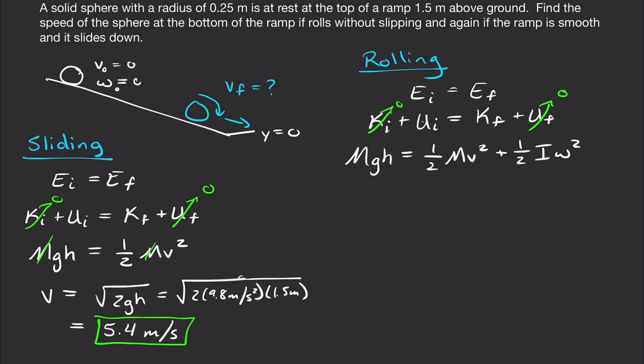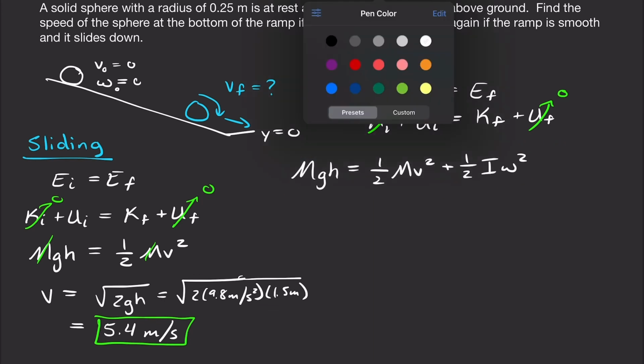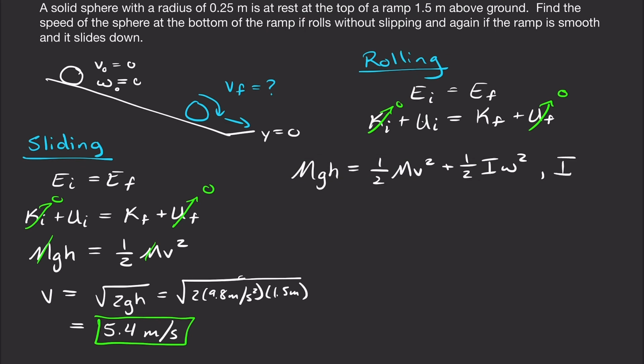So we first need to identify our moment of inertia. I'm going to write this over here. Our moment of inertia for a solid sphere will be 2/5 mr squared.